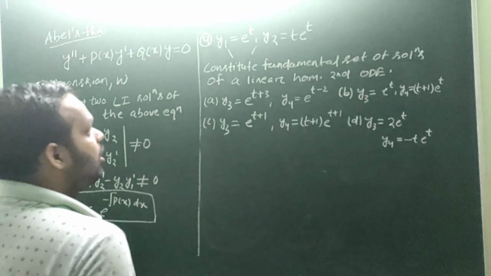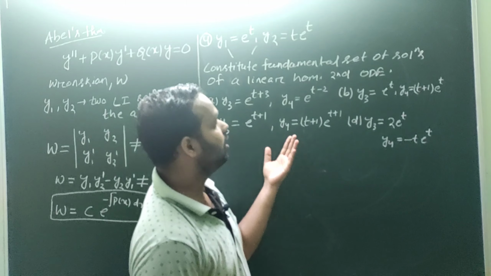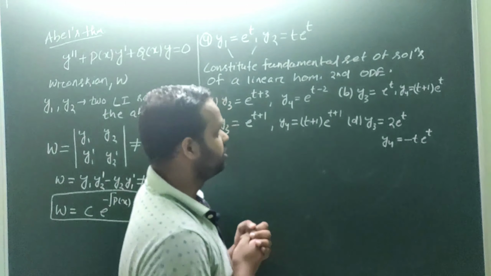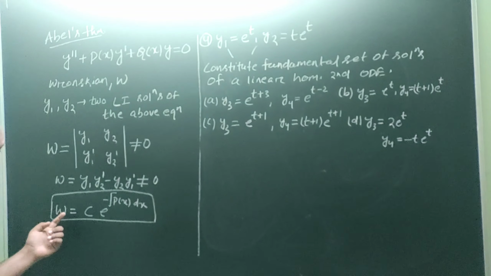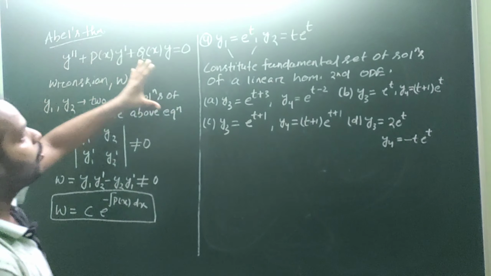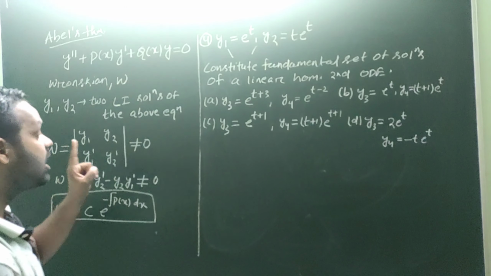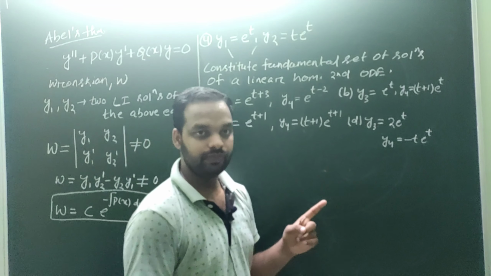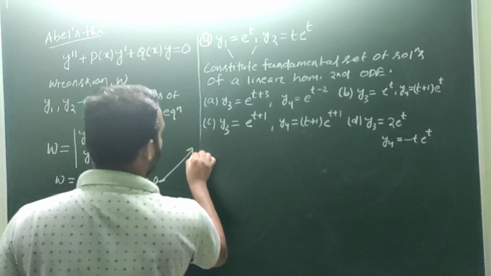So we have to see which of these options don't represent another fundamental set of solutions. There are only two concepts. One is to find the Wronskian by this method. And remember, for a linear homogeneous second order ordinary differential equation, this Wronskian cannot be equal to 0. We have to use this concept in this problem.